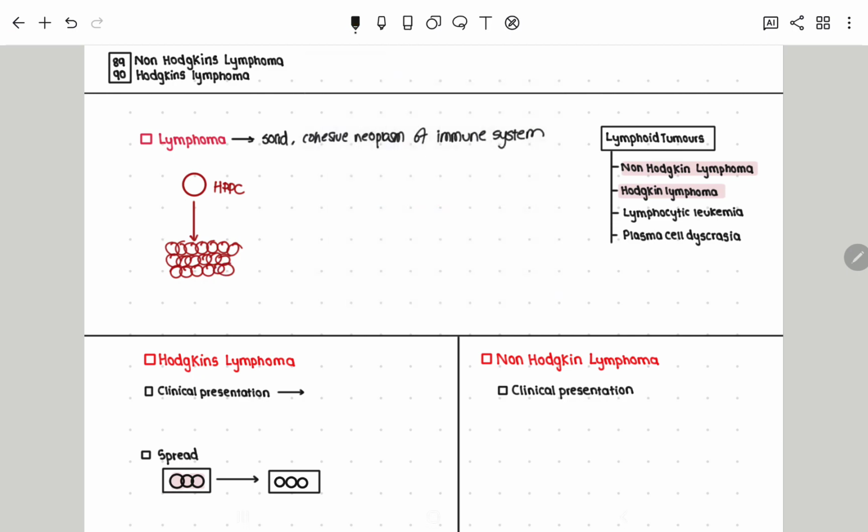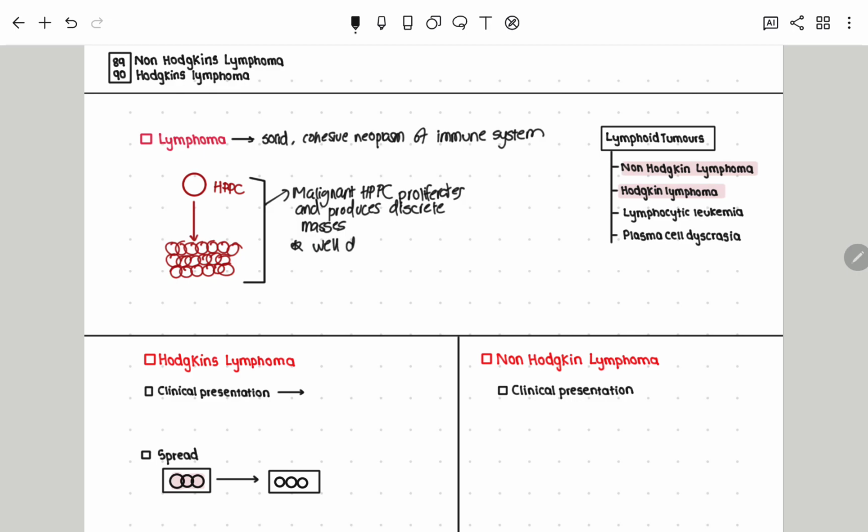And what basically happens is, in the case of a lymphoma as compared to a leukemia, this malignant HPPC or hemopoietic precursor cell proliferates and produces discrete masses. And so the important thing to focus on here is the production of discrete masses.